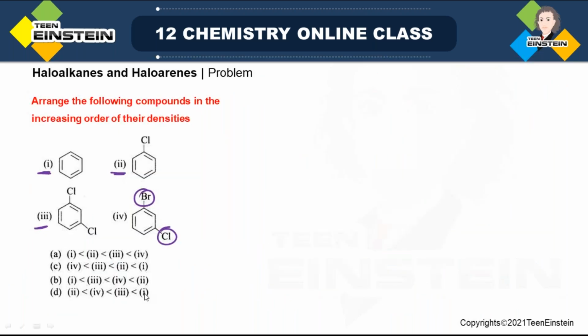So according to that logic, 3 should have more density than 2, 2 should have more density than 1, right? In 2 and 3 there is only Cl, in 1 there is no halogen, it is simply benzene, and in number 4 one Cl is replaced by Br.